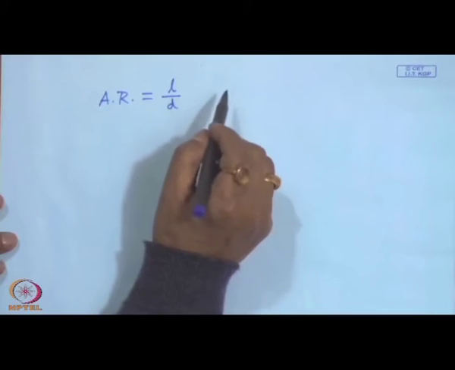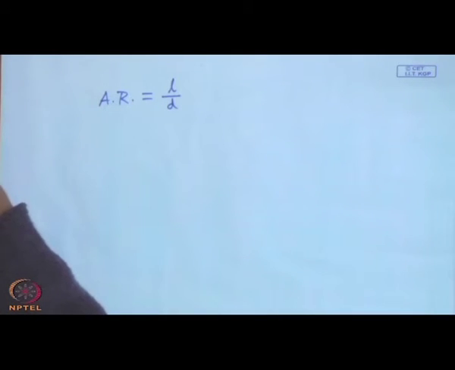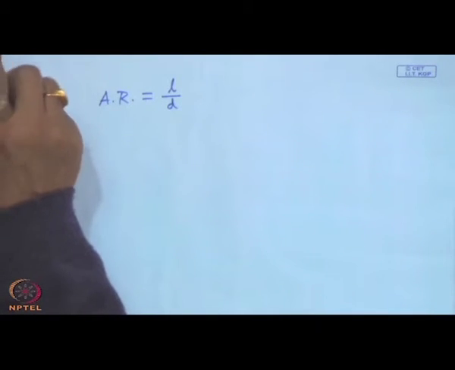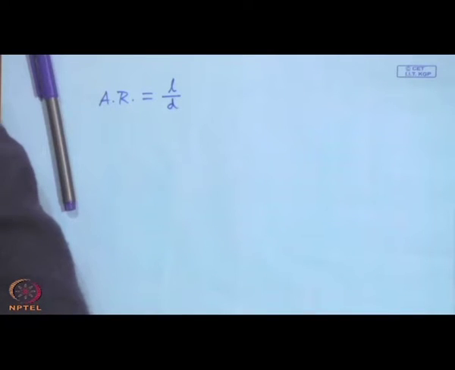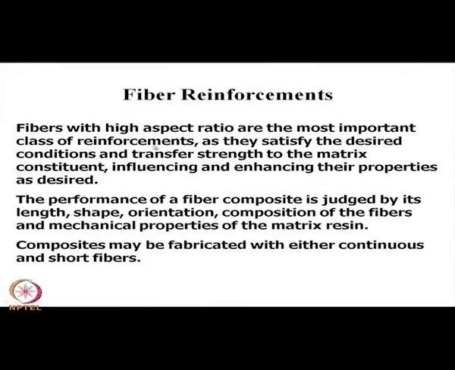That means, thinner the fiber, higher would be the aspect ratio. That means higher would be the surface area of the fiber, and that will provide more interface area between the matrix and the fiber, and that can lead to a very strong composite. So, if the aspect ratio is very high, that will give very strong composites as they satisfy the desired conditions and transfer strength to the matrix constituents.